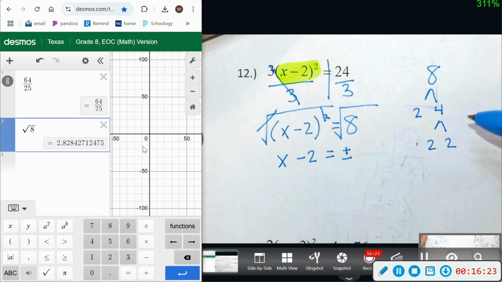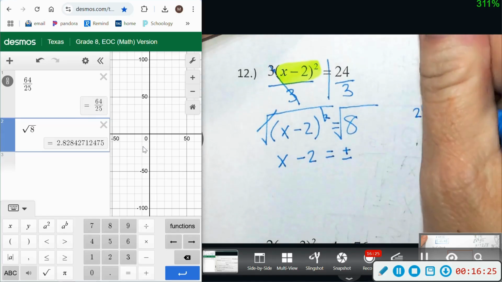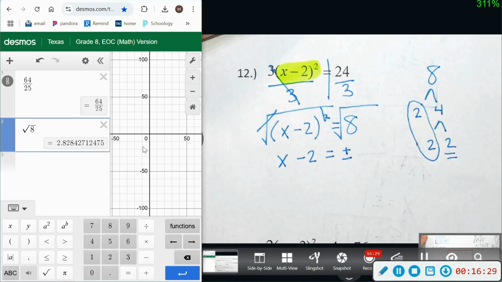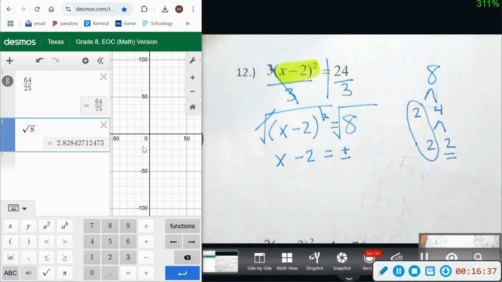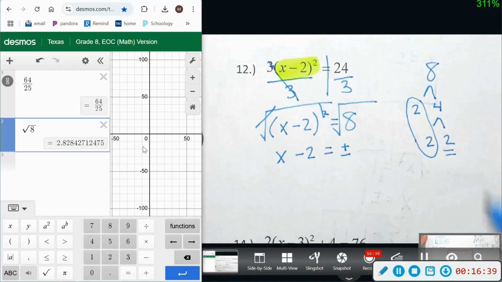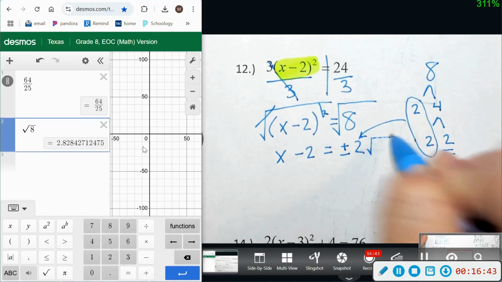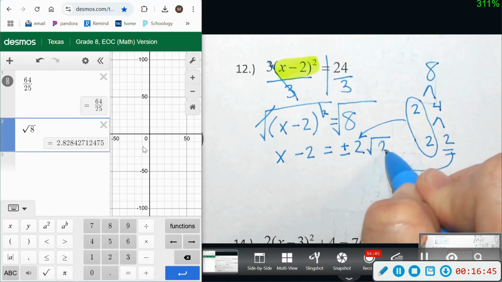Lots of 2's here. We do have a pair of 2's, and then we have a leftover 2. The 4 we broke up, so we're not looking at that number anymore. Does that make sense? Yeah. We only look at the numbers at the bottom of the triangles. Okay, so knowing that we have a pair of 2's, we get to take a 2 out, and then we have a leftover 2, so we have to put a 2 back in.